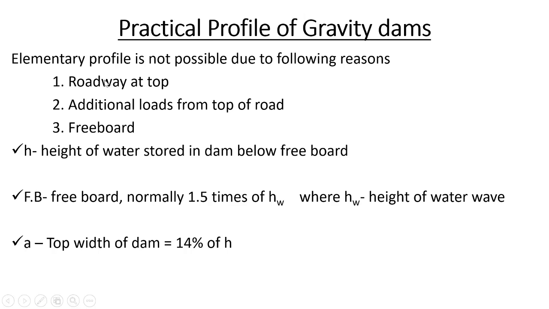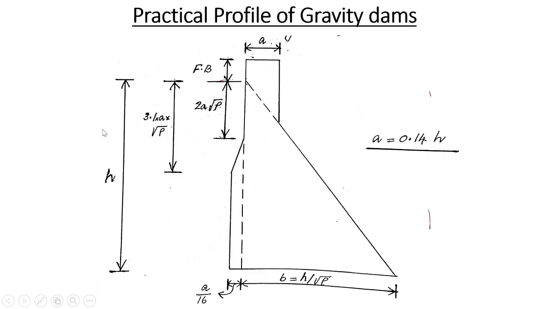By considering these three parameters, the elementary profile of the gravity dam is revised like this. See, this is the practical profile of a gravity dam. You can see that this is not a typical triangular shape. It's a complicated shape.